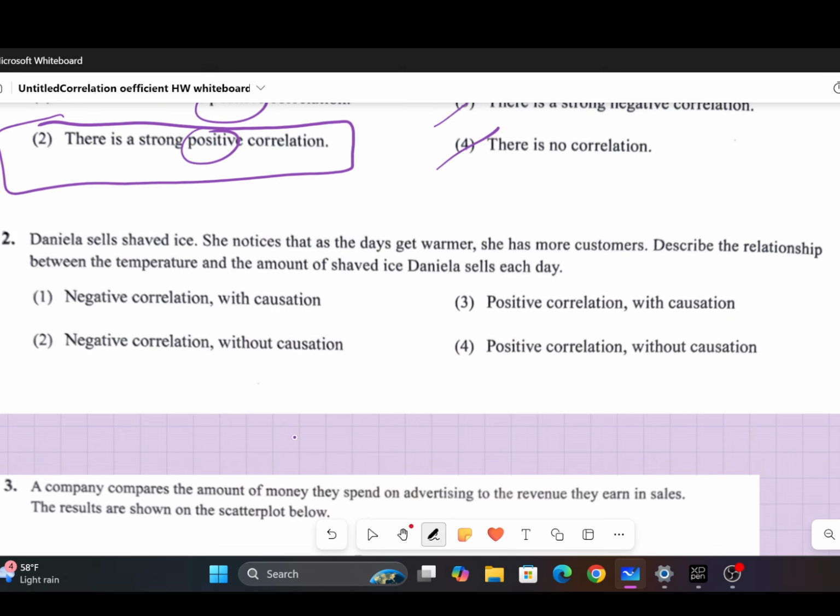I want us to imagine this on a graph. The x-axis would be her daily temperature. And then the y-axis is going to be how much she's selling.